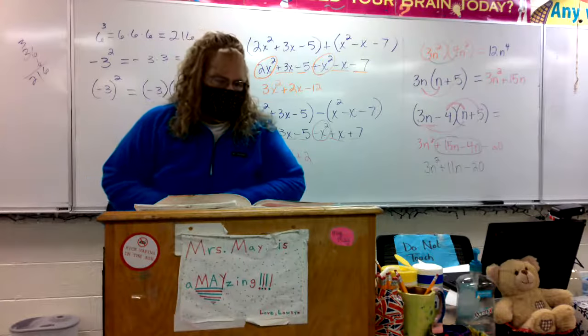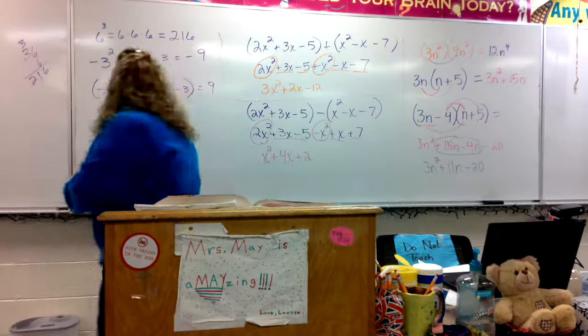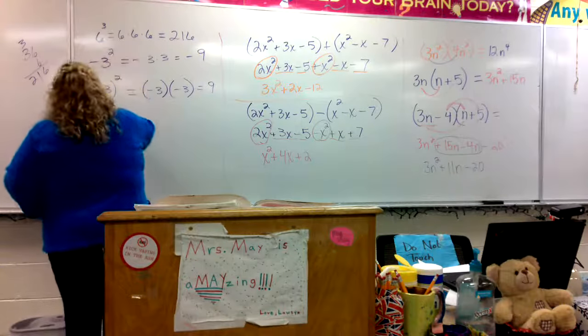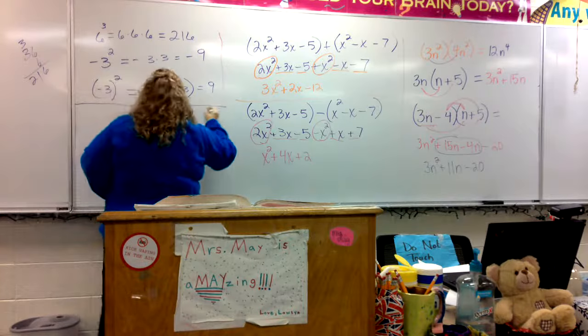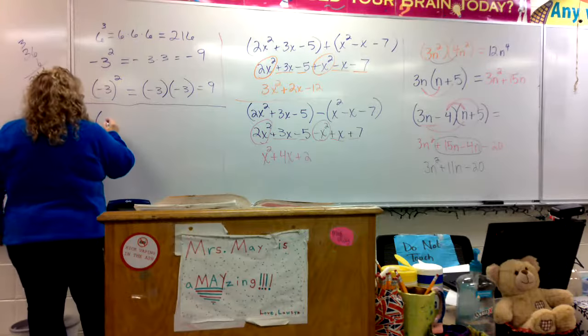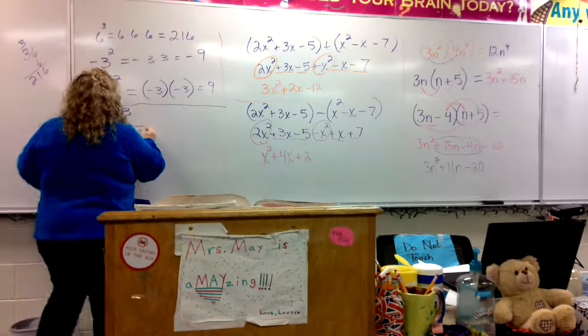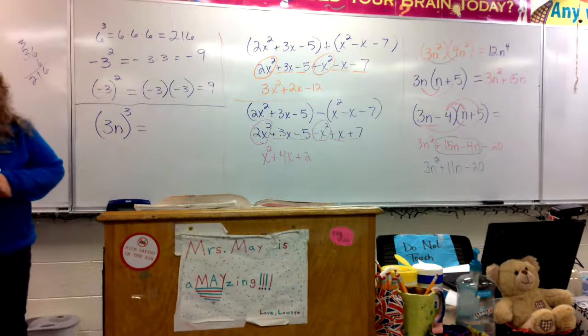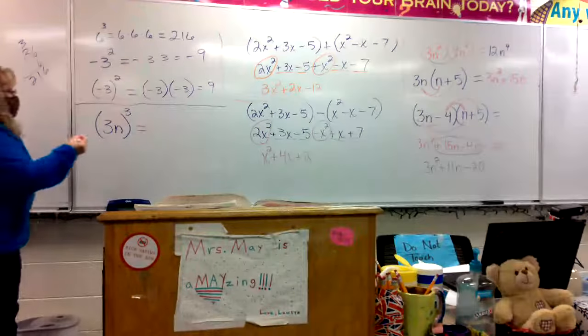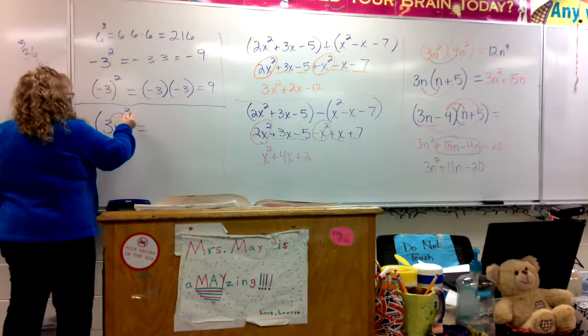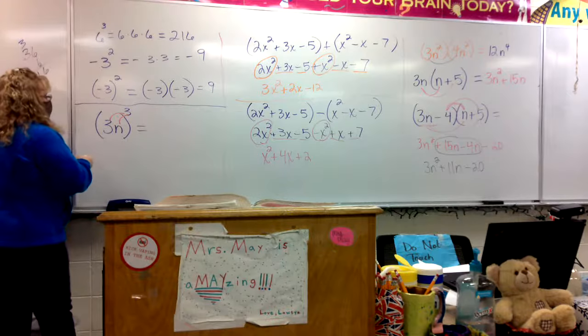Oh yeah, we did things like this. We did things like 3n to the 3rd. Remember that? When you have it outside the parentheses, it goes with both of those.